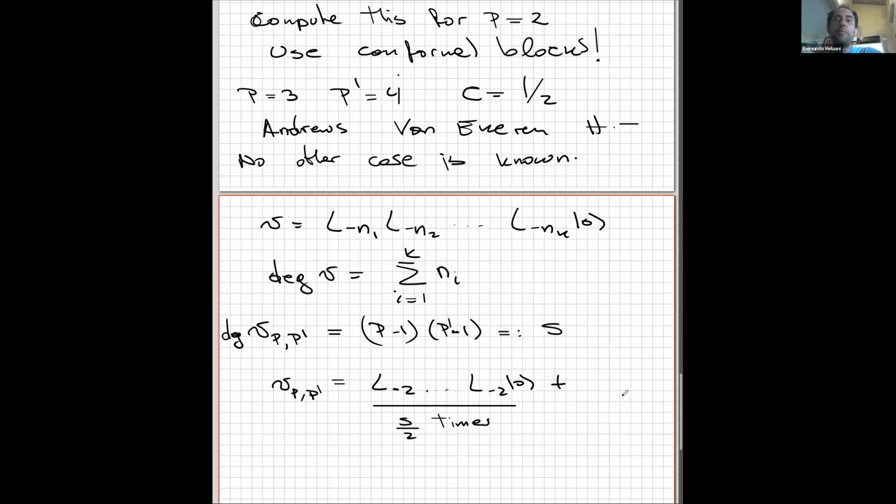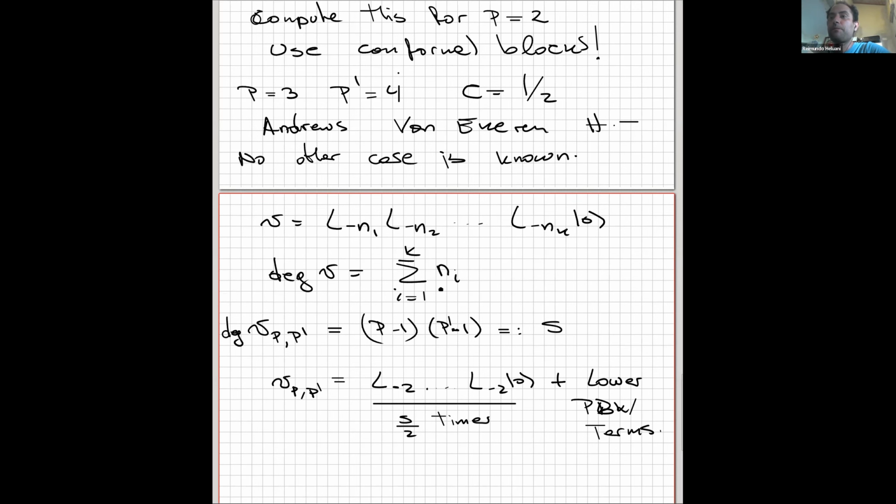And then anything else that I put has to be lower in the PBW filtration. This is the partition that has the most number of parts for that degree. So lower terms are PBW lower terms. Any other partition of this number S in parts that are bigger or equal than 2 should have fewer parts.